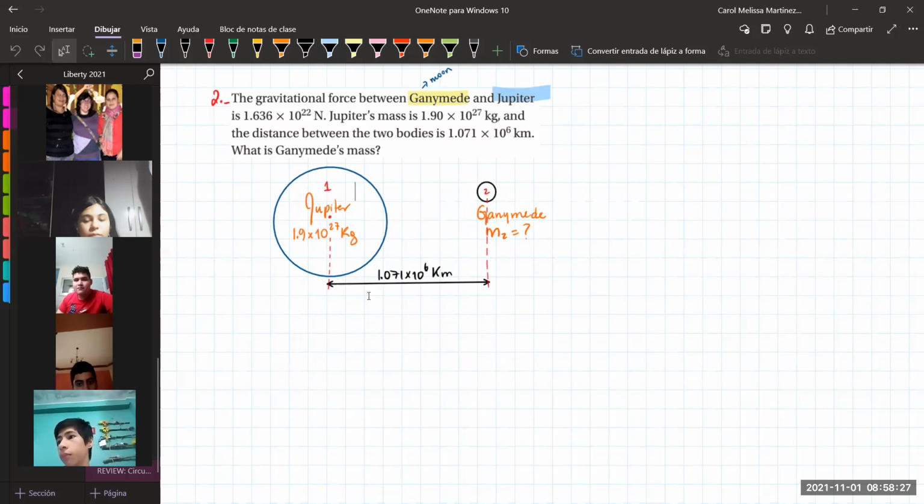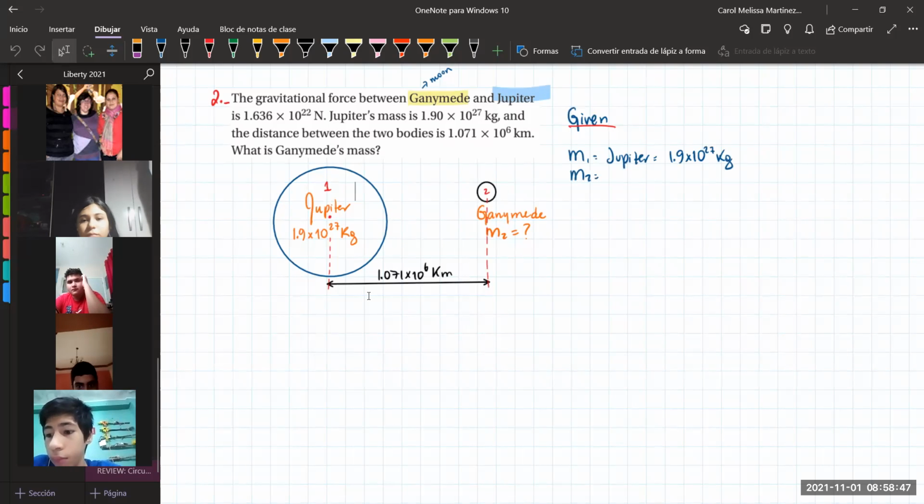Now I'm going to write the givens the right way. Mass 1, which is Jupiter, is 1.9 times 10 to the 27th power kilograms. Mass 2 is what I actually need to find.